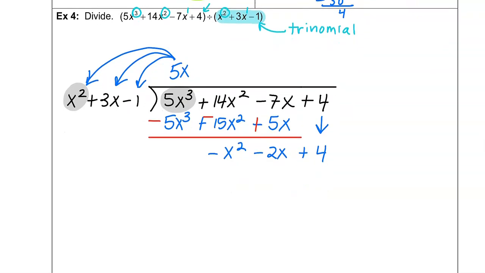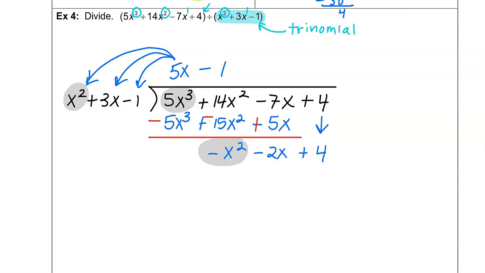We're going to repeat the process again. So what do you multiply the x squared by to get the minus x squared here? What do you multiply x squared by to get negative x squared? Negative 1. Okay, and I am going to distribute that through all 3 terms.